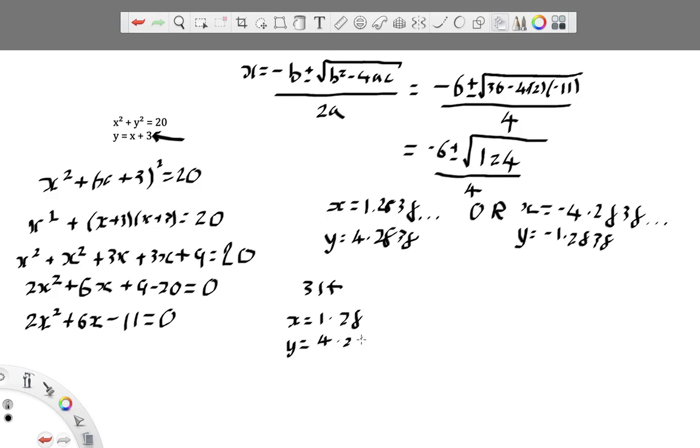So that's the one set of solutions, and then the other set, x is equal to minus 4.28 and y is equal to minus 1.28. So they're the two solutions, or two sets of solutions I should say.